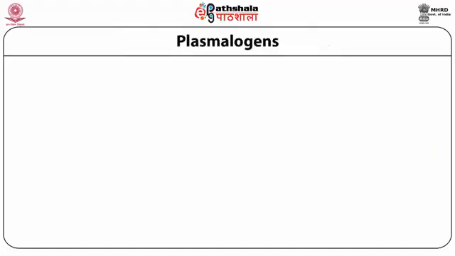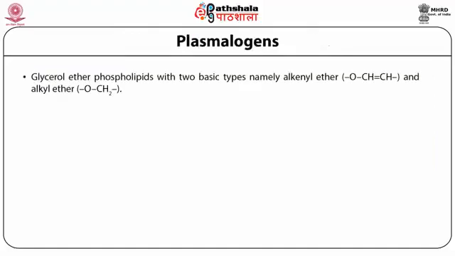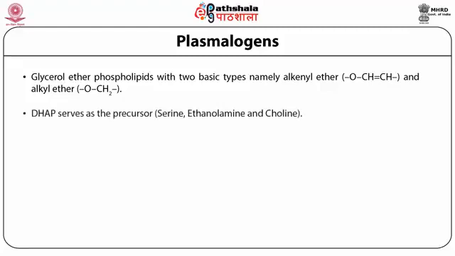Plasmalogen. They are glycerol ester phospholipids with two basic types, namely alkenyl ether and alkyl ether. Dihydroxyacetone phosphate serves as the precursor for its synthesis, and three most important classes of plasmalogens have been acknowledged. They are serine, ethanolamine, and choline plasmalogens.